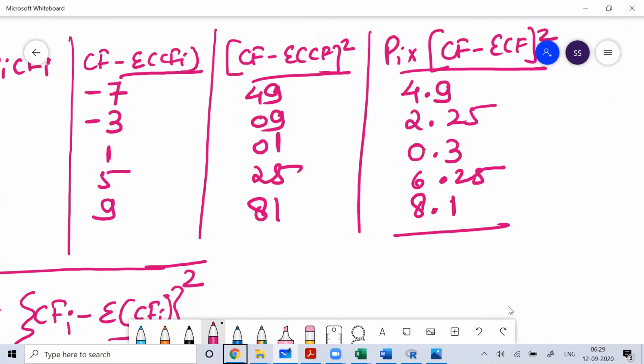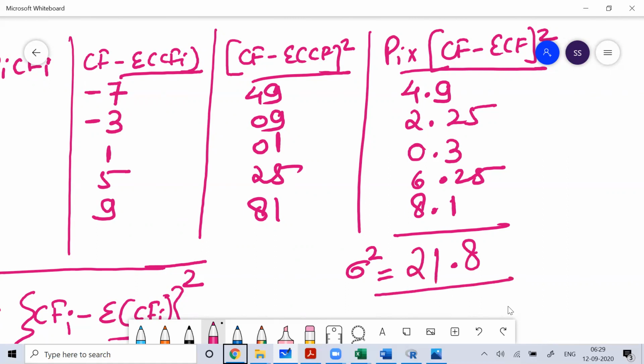If you do the sum of this, you'll get the variance. So this is 11, 9 plus 3, 12, 12 plus 3, 15, 17, 18, 1 carry. Then 14, 14 plus 6, 20, 21.